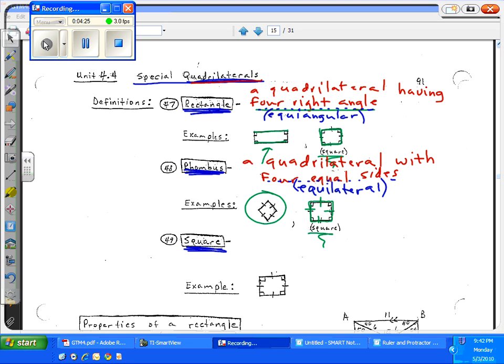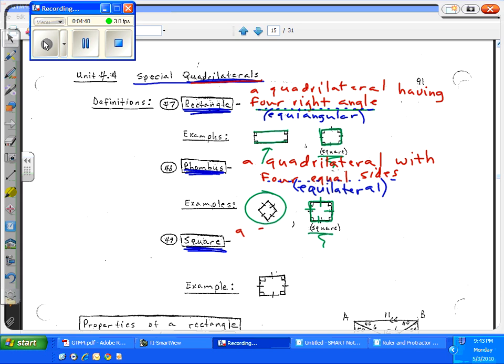So a rectangle is an equiangular quadrilateral. A rhombus is an equilateral quadrilateral. A square is both equilateral and equiangular, which we have a fancy name for, and that is regular.